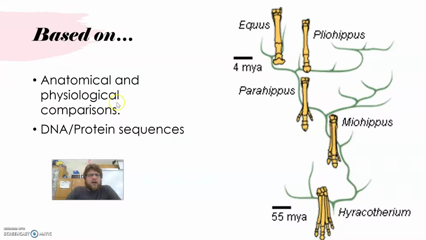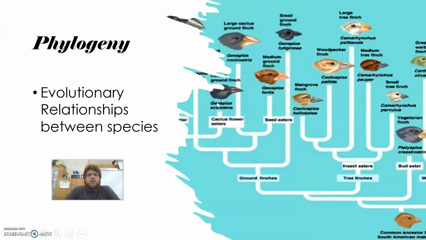One, we can use anatomical and physiological comparisons, or DNA and protein sequences. So, using Darwin's finches, we organize their evolutionary relationship based off of anatomical features, homologous structures, beak size.